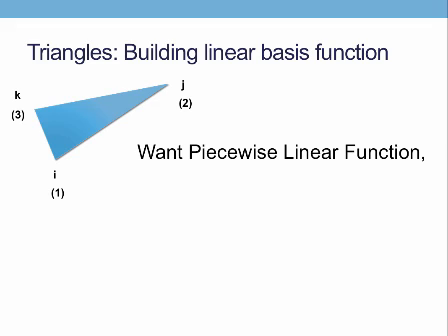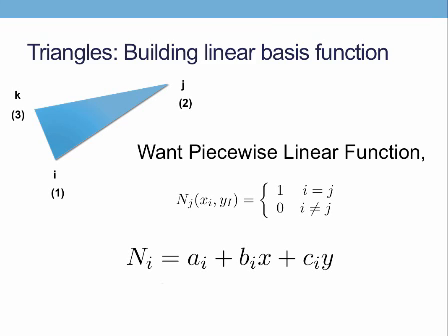So now we want to build out the basis functions. We know that we are working with linear functions in this particular course, and we want a piecewise linear function. So what we want is a function where n sub j as a function of x sub i, y sub i is equal to 1 when i is equal to j and 0 when i is not equal to j.